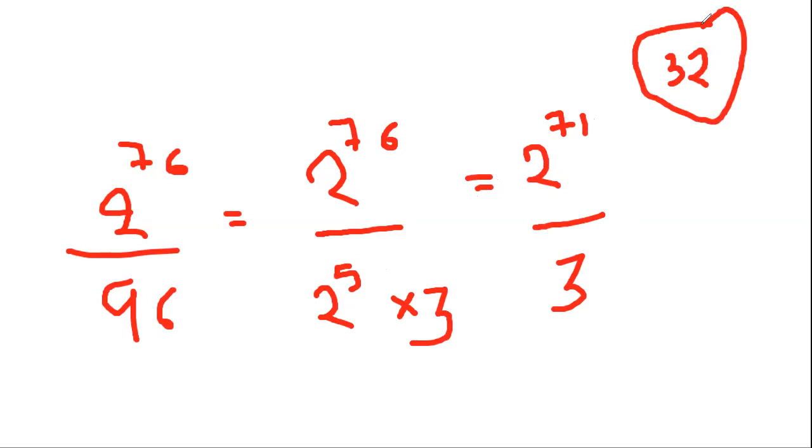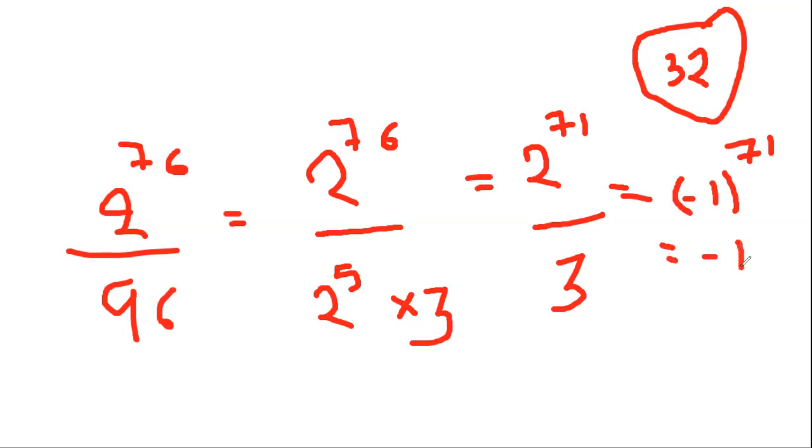Now 2 to the power 71. So now you can see that your remainder is minus 1 to the power 71. So what is minus 1 to the power 71? It is nothing but minus 1 only.